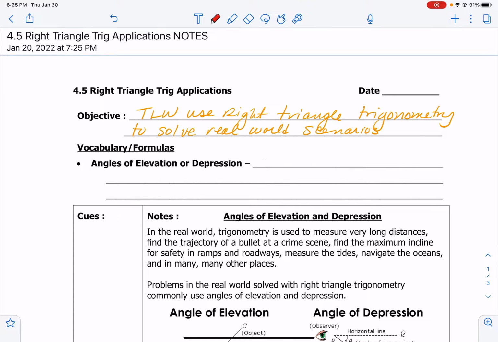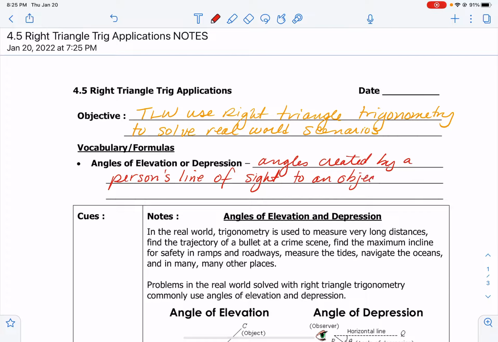These are angles created by a person's line of sight to an object and their horizontal line of sight.